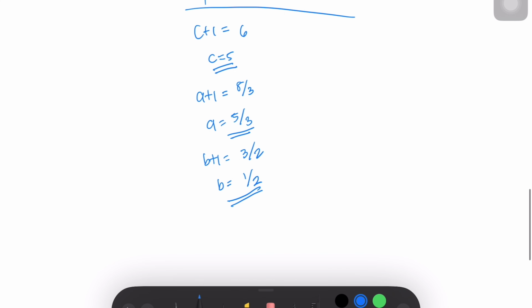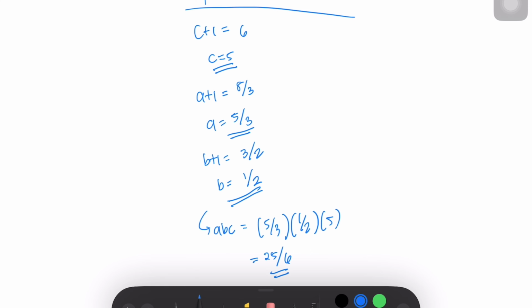The product of those three, abc, let's do it in order. a is 5 thirds, b is 1 half, c is 5, which when simplified is 25 over 6.